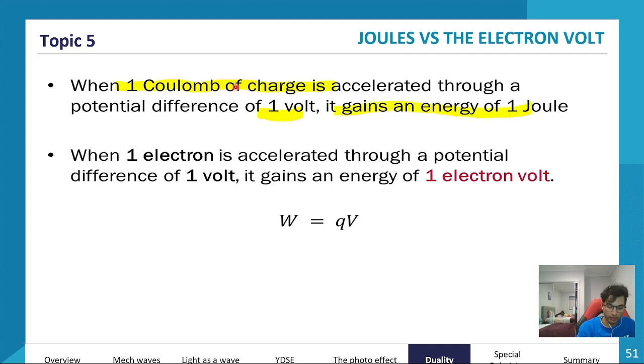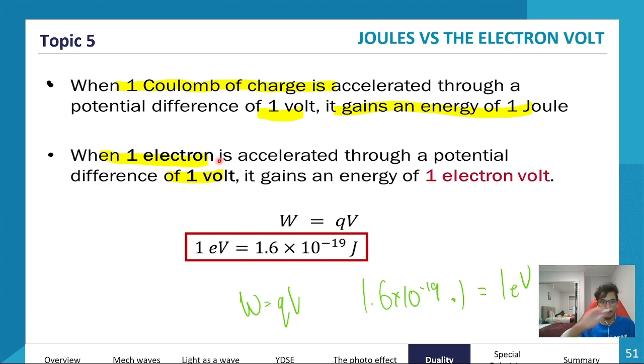When 1 electron is accelerated through a potential difference of 1 volt, it gains 1 electron volt. So again, W is equal to QV. The charge of the electron is 1.6 times 10 to the negative 19, the voltage is 1, and all of this is equal to 1 electron volt.